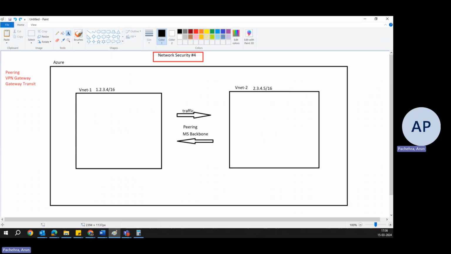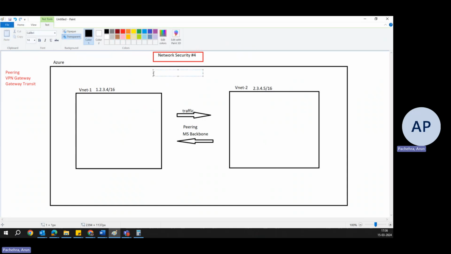So before we hit the security aspect, we should talk about what it is for the new audience, for the fresher audience, because it's been a while. So, what is network peering if we have to define? Network peering is a process that connects two separate VNets, enabling resources in those VNets to communicate directly over the Microsoft backbone network.